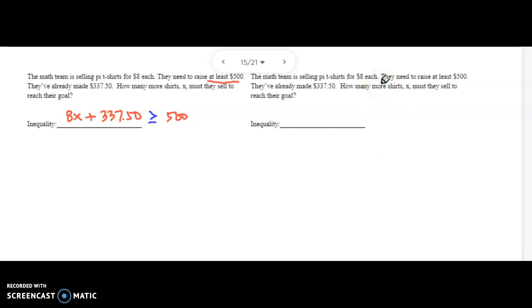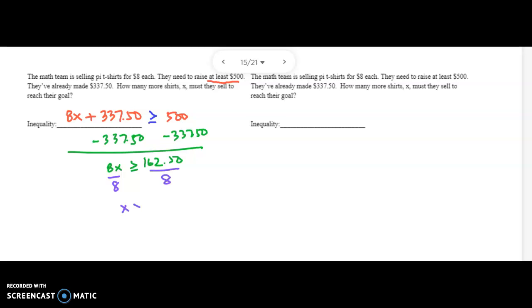Actually, on second thought, there's something I want to talk about with the answer here. When we subtract 337.50 on both sides, we get 8x is greater than or equal to 162.50. Then when we divide by 8, on your calculator you end up with 20.3125.